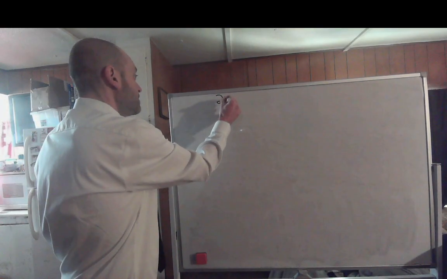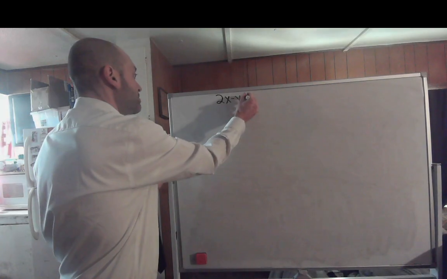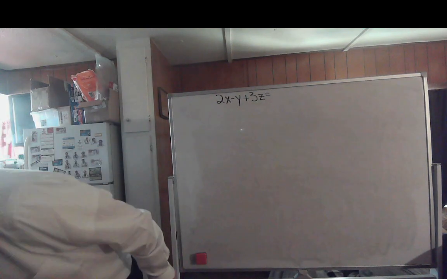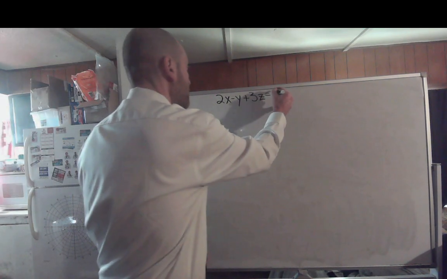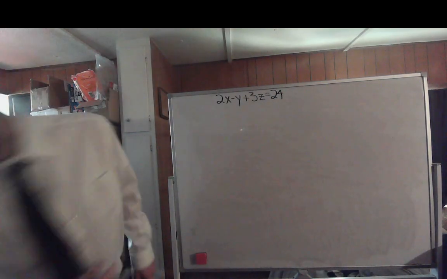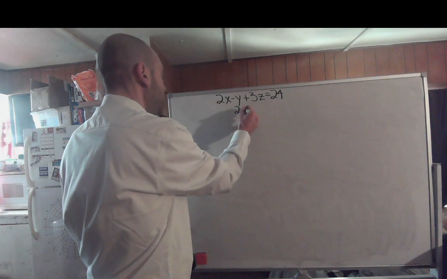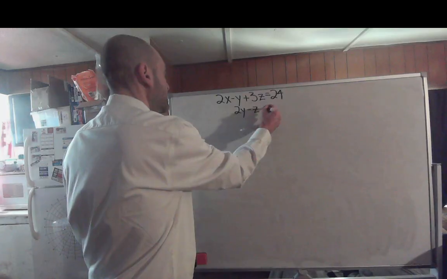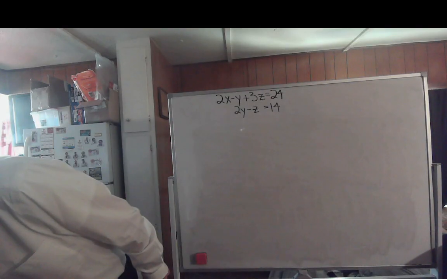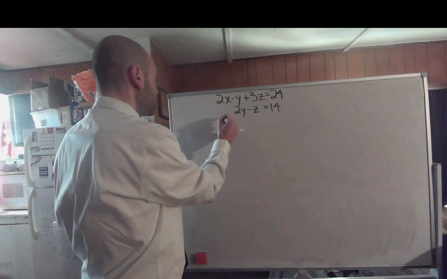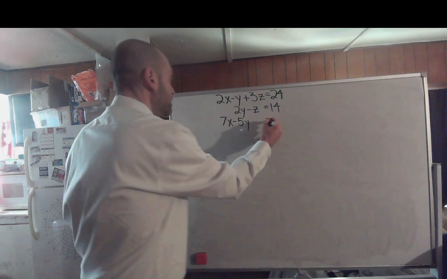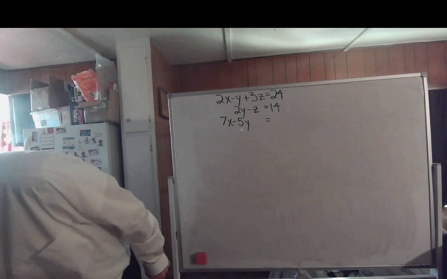Alright. So we have 2x minus y plus 3z equals 24. 2y minus z equals 14. 7x minus 5y is equal to 6.